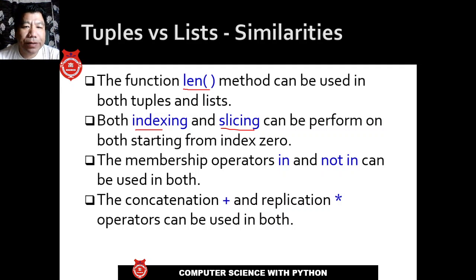The membership operators in and not in can be used in both tuples and lists. The concatenation plus symbol and the replication or repetition, which is star, can be used in tuples as well as lists. These are a few similarities between tuples and lists.